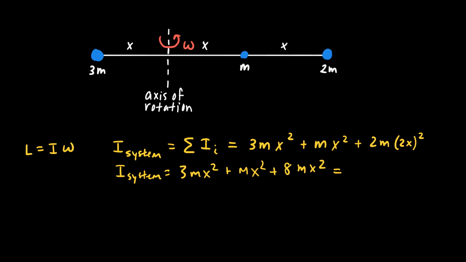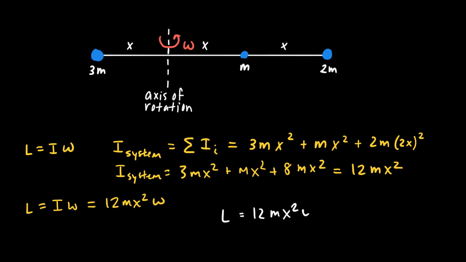So 3 plus 1 plus 8, that's 4 plus 8, which is 12. So 12 mx squared. Using my equation for angular momentum now, the moment of inertia is 12 mx squared, and the angular velocity was given as omega, so my expression for the angular momentum is just 12 mx squared omega.